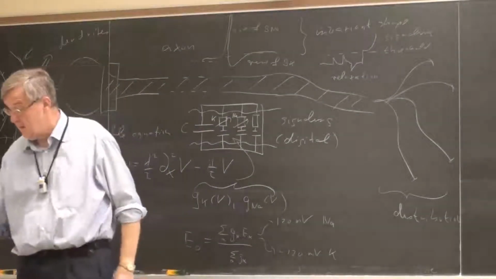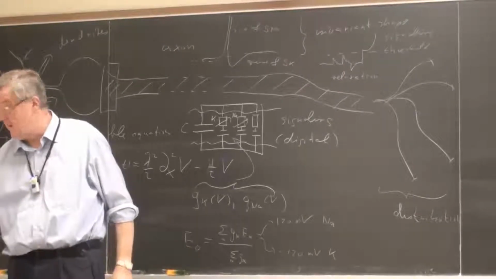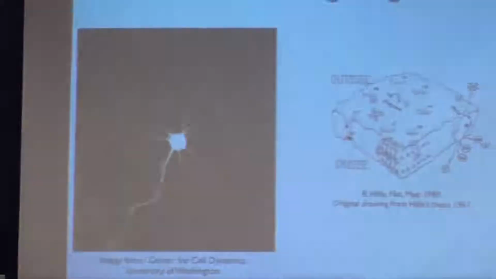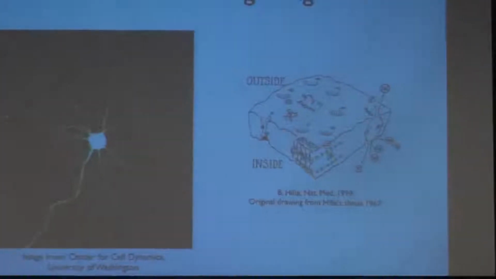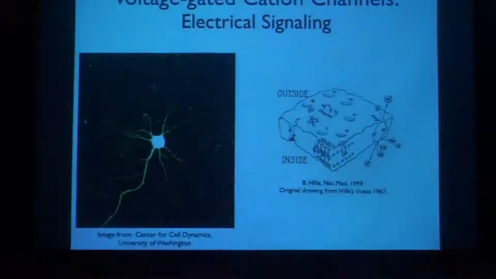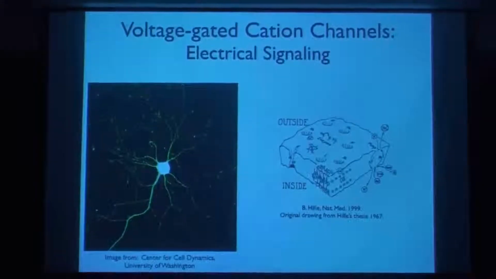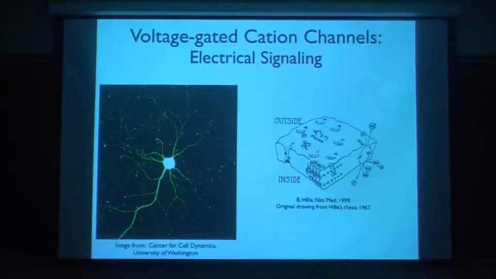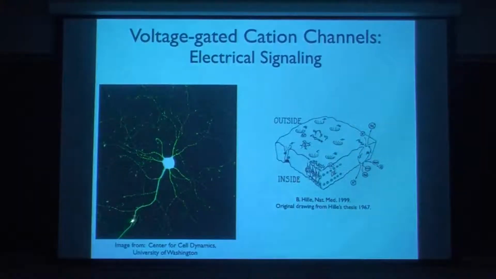And that's what I want to quickly show you, these channels. So maybe we can turn off the light, and then I can show you these pictures. Here we have the typical nerve cell. We are getting input from the dendrites, and then we have an axon that is a signaling element.